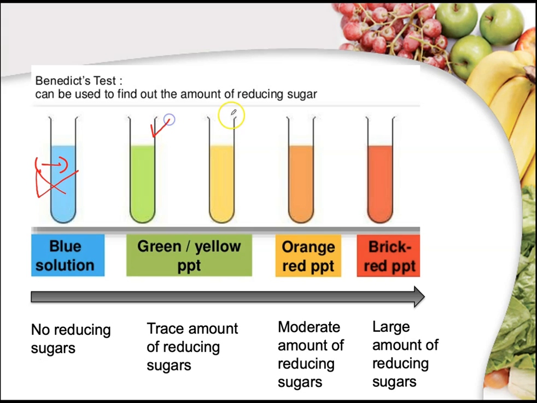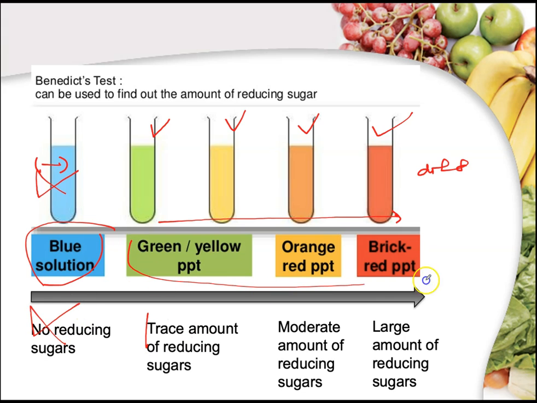But if you have green or yellow or orange or red, it basically tells you that reducing sugar is present in different amounts and different concentrations. That's why I got different colors, because different colors tell you different things. So remember, blue solution means no reducing sugar present.